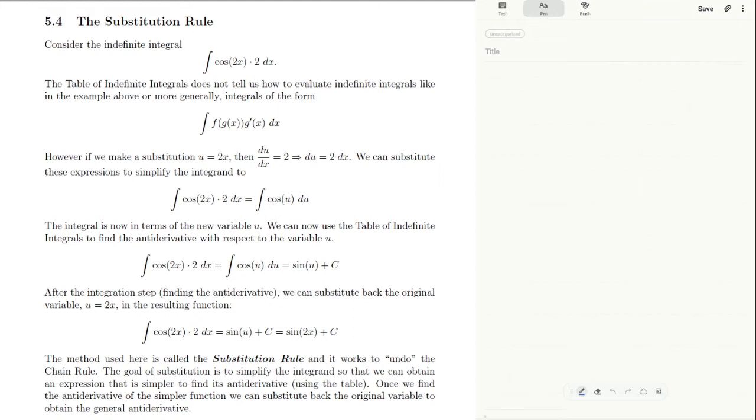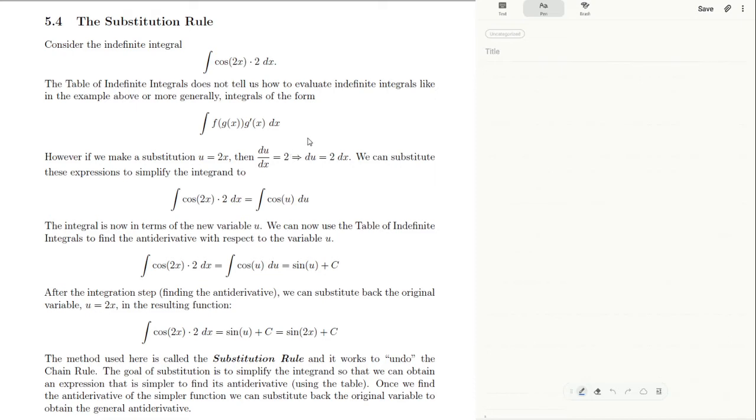Now, the table of indefinite integrals does not tell us how to evaluate this integral, or more generally, integrals which take on the form f of g of x times g prime of x. However, if we introduce a new variable, we'll call it u, and define it to be the argument of cos, which is 2x, then its derivative, du over dx, is equal to 2.